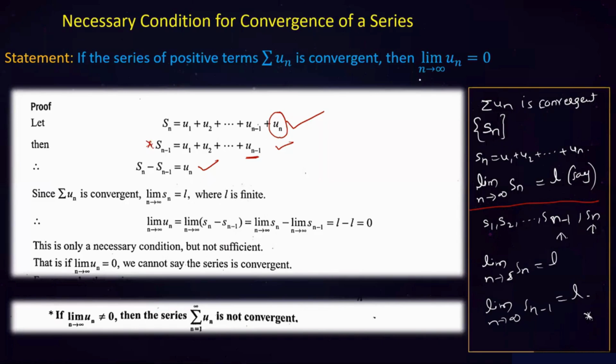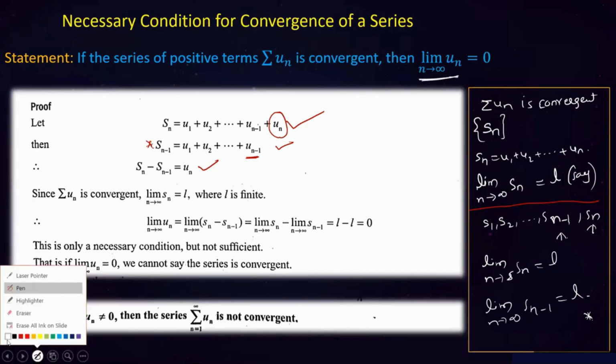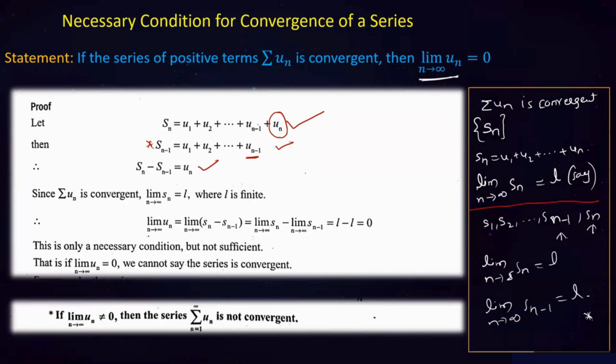You see, the question is to calculate the value of this limit. So I'm considering the left-hand side part here: limit n tends to infinity Un. Now, I can replace this portion Un by this expression. So I have replaced Un by Sn minus Sn minus 1.